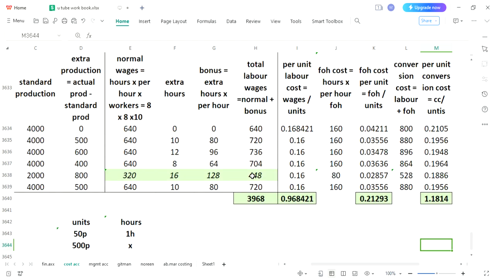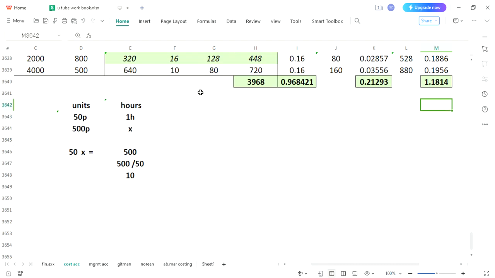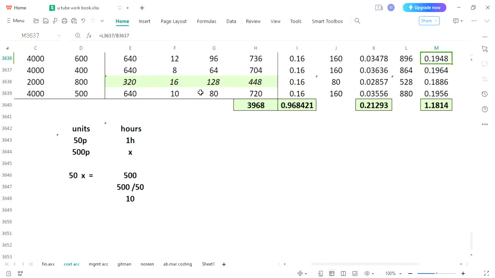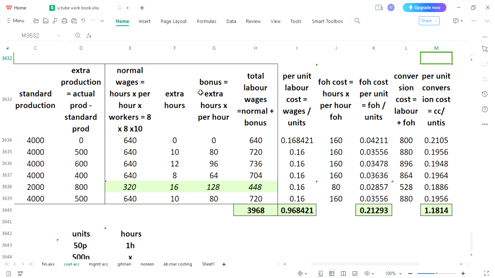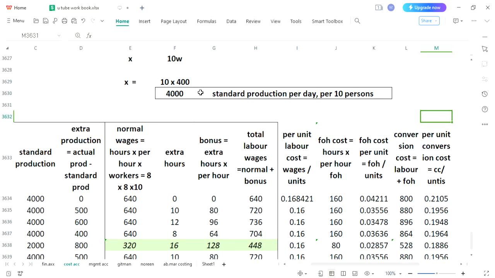Since we have taken more decimals, while in the question we were asked to take only 3 decimals and we have taken 4 decimals, our answer is more correct as compared to the book. So these were the answers we have matched.